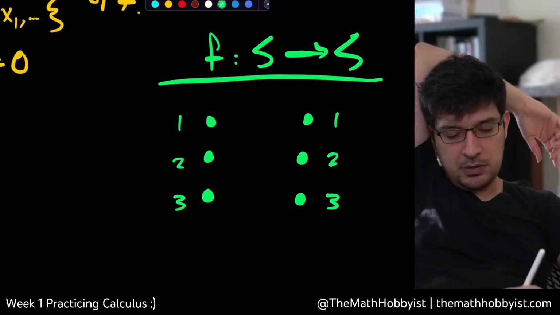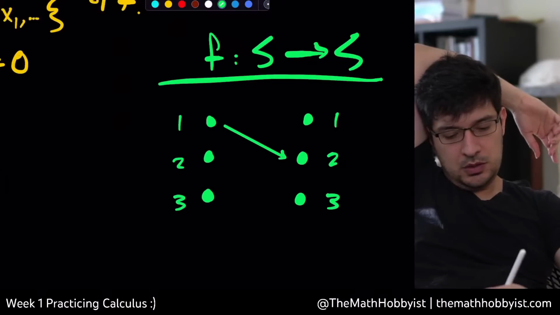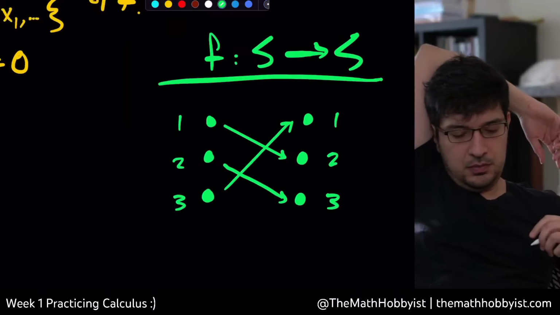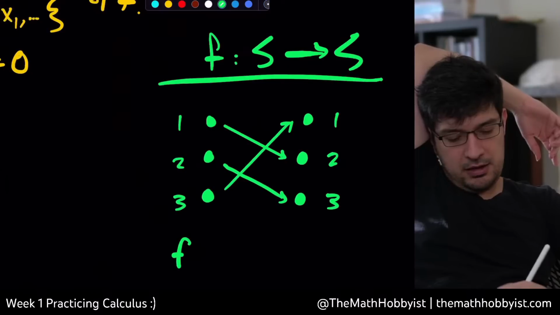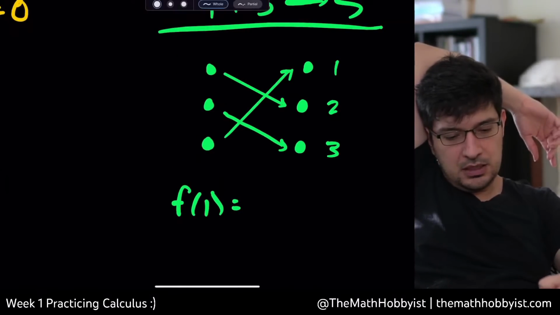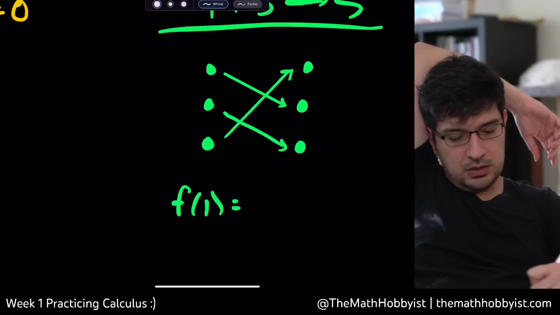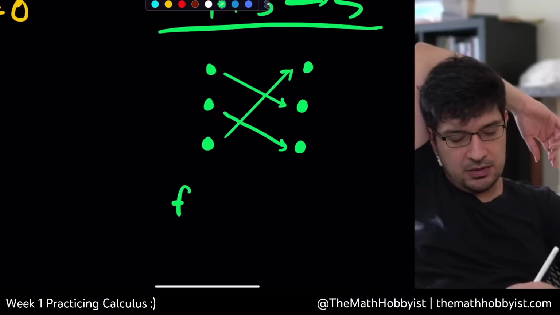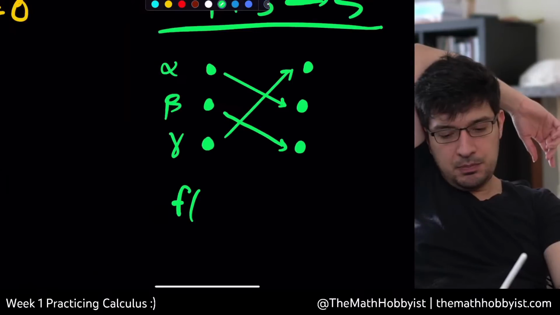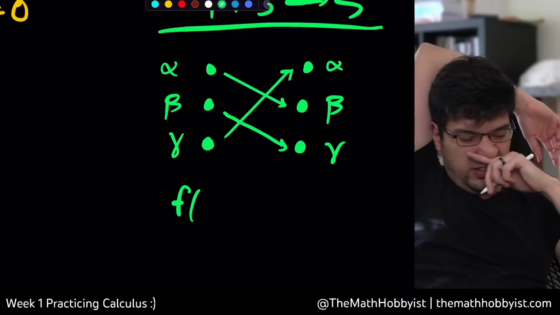And it swaps them around, maybe. Like maybe 1 goes to 2, 2 goes to 3, and 3 goes to 1. Does that make sense? So f of the first thing in our weird world, which I want to avoid numbers here because I'm trying to show that this is something outside of the regular numbers. We have alpha, beta, and gamma, whatever the heck they are. Alpha, beta, gamma, or x, y, z.